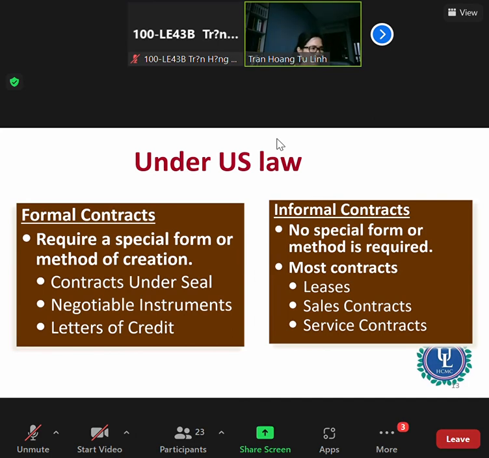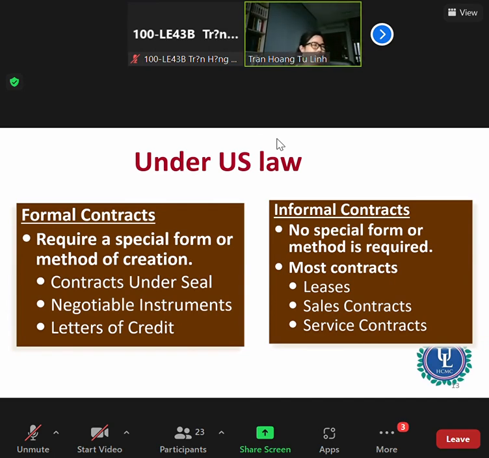Whatever is not a formal contract is an informal contract, very straightforward. Informal contracts are sometimes called simple contracts, and include all other types of contracts which are not formal contracts. No special form is required, except, of course, certain contracts must be made in writing. We will study that later, the statute of frauds. Informal contracts are usually based on substance rather than form.